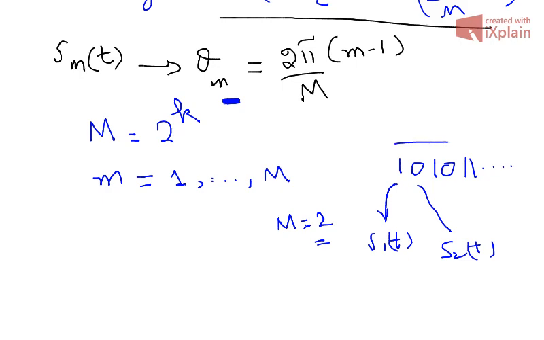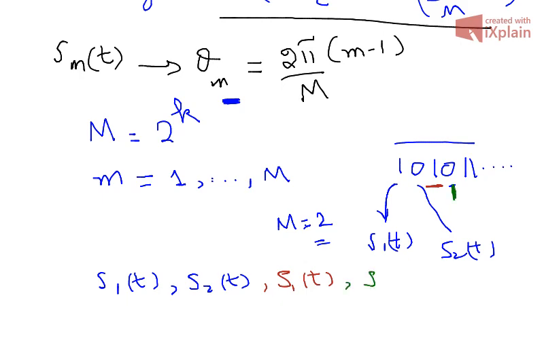So if this is your sequence, you would transmit S1 of t in the first time interval, then S2 of t in the second time interval, then again S1 of t in the third time interval, and in the fourth time interval you have 0, so you transmit S2 of t, and then in the fifth and sixth time intervals again S1 of t.